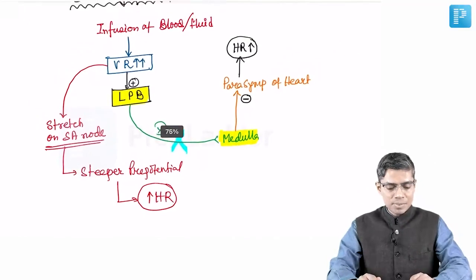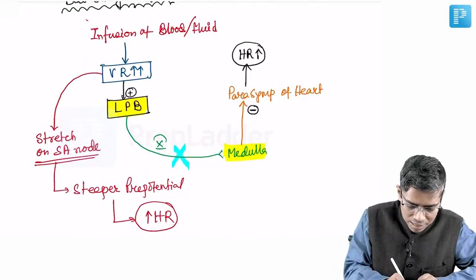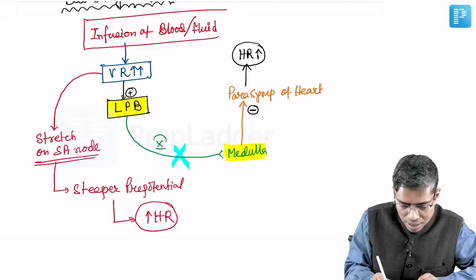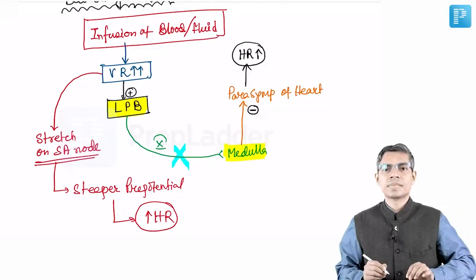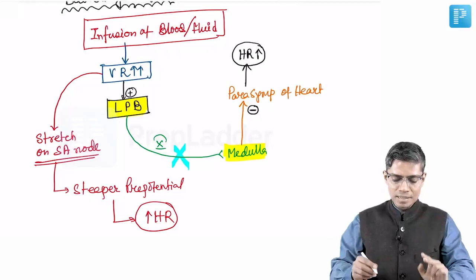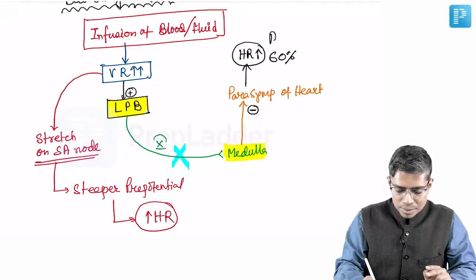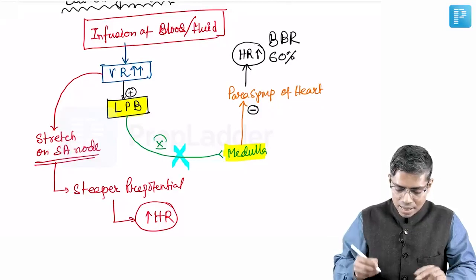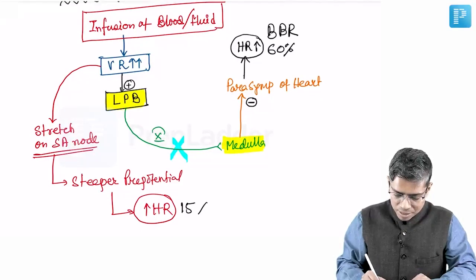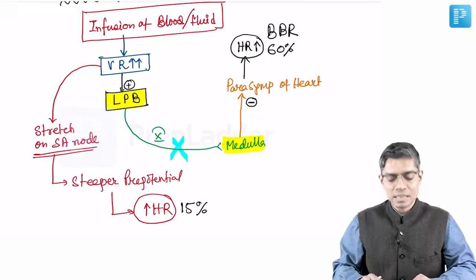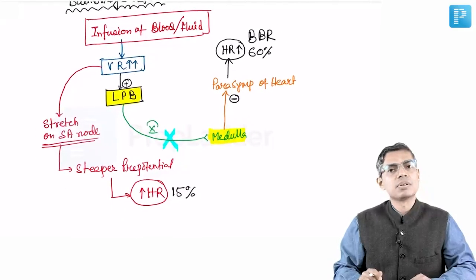So basically, if you give an infusion of blood or fluid, heart rate increases by two mechanisms. A 60% increment of heart rate is done by the Bainbridge reflex. Another 15% increment is done by direct stretching of the SA node.